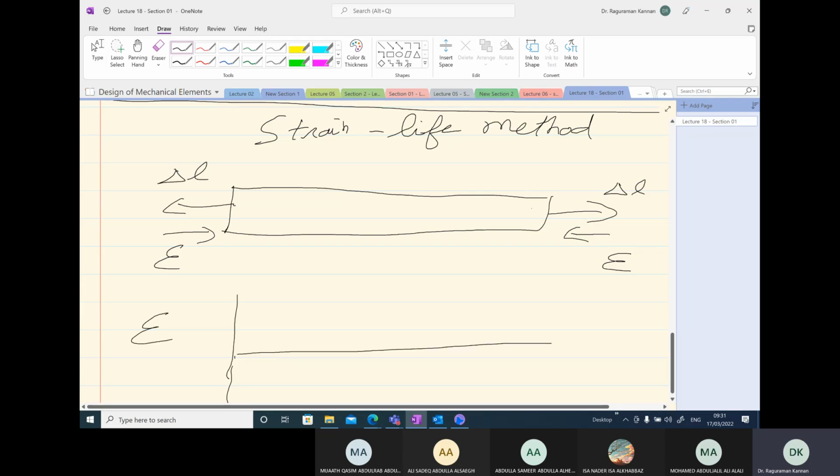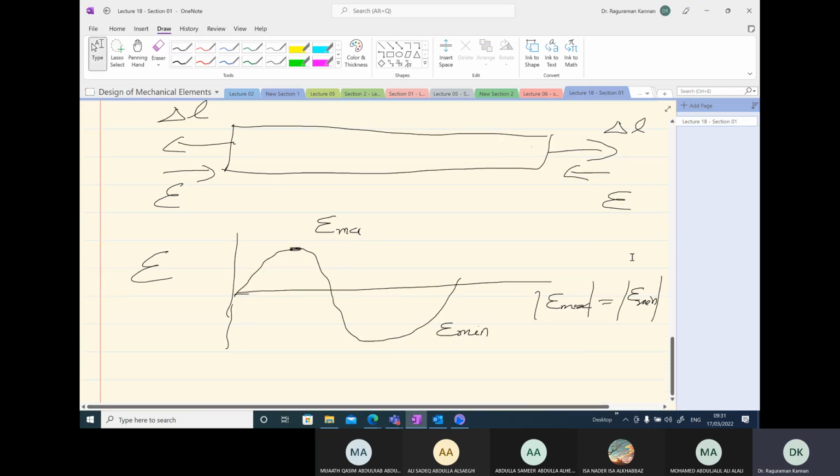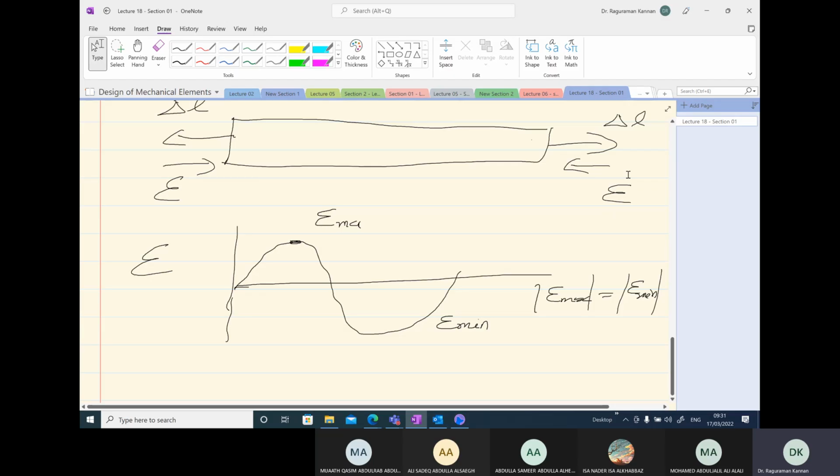So here, instead of stress, I control the strain in completely reverse fashion in the same way as before. And the magnitude of maximum strain is equal to the minimum strain. We do the same kind of completely reversed loading tests, and we plot strain versus number of cycles to failure instead.